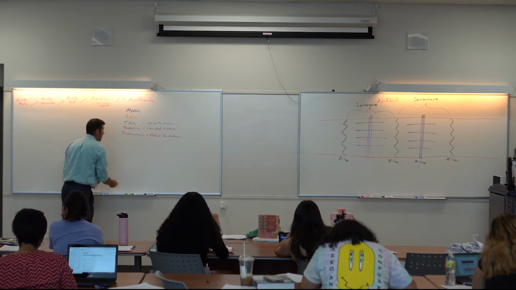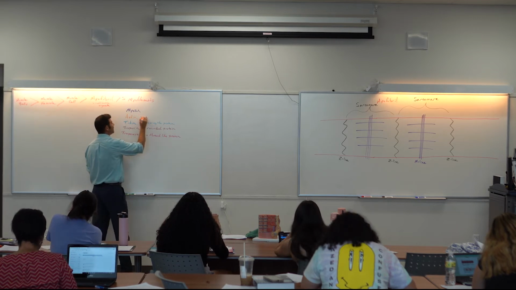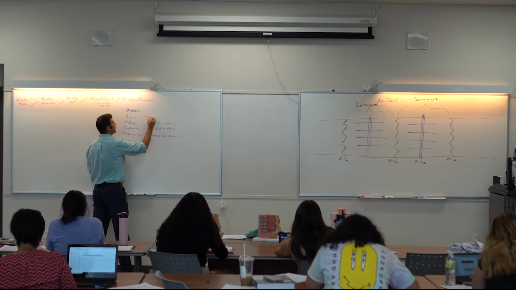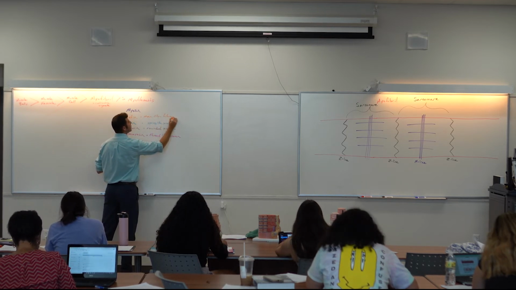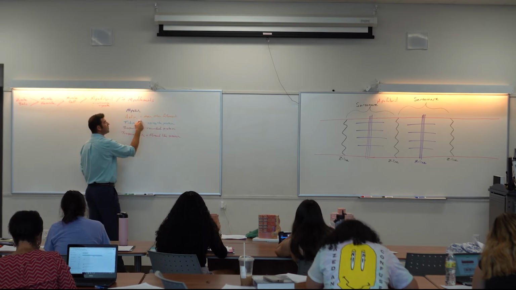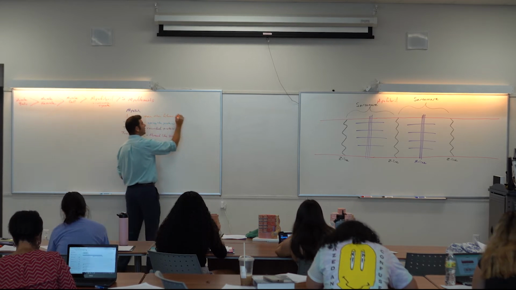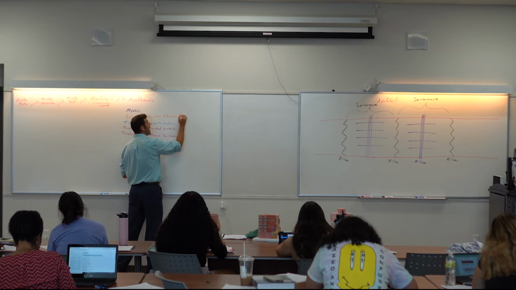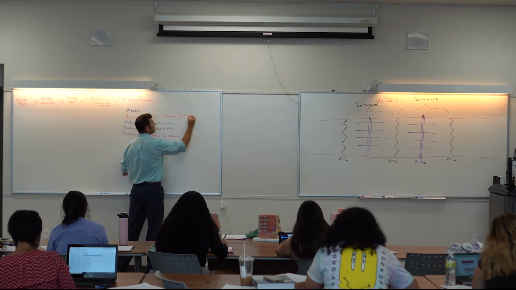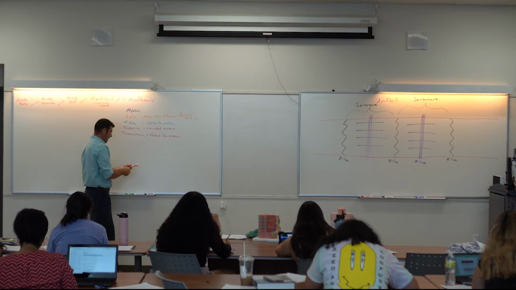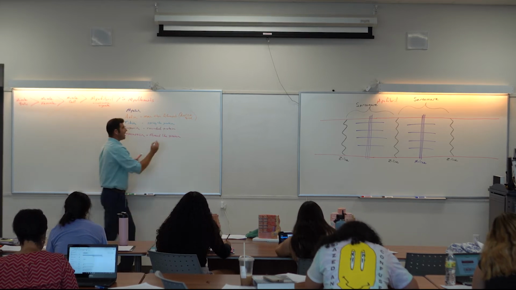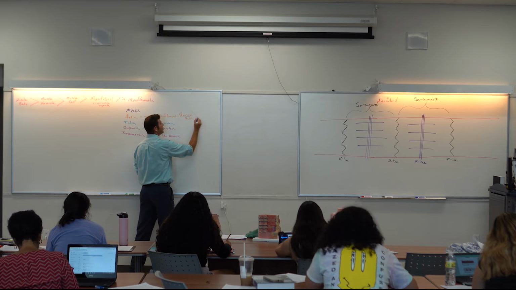What can we say about actin? Actin is going to be the main thin filament. And what's unique about actin, let's add this: actin is going to have an active site. What's unique about this active site is that it is what myosin bonds to.